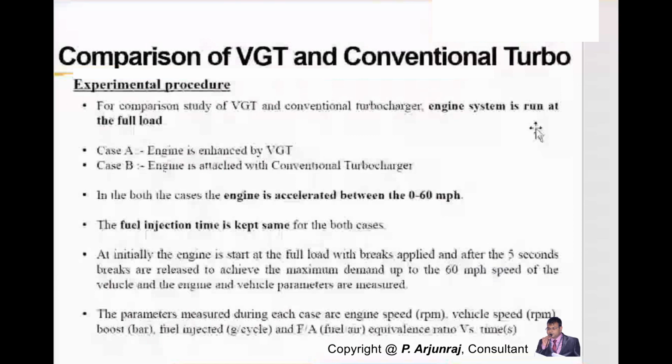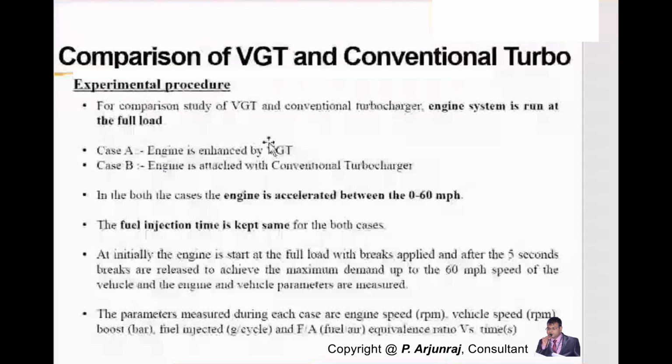Because when you compare the test of one system with another system, the conditions should also be the same. It's not that you do the test under different conditions and then compare the output. So to have the same comparison between the normal turbo and the variable geometry turbo, the test should be set up in such a way that one system matches the other system as well.